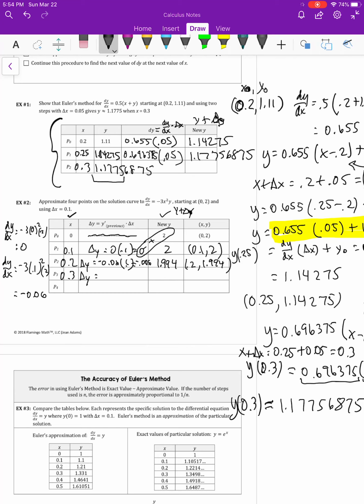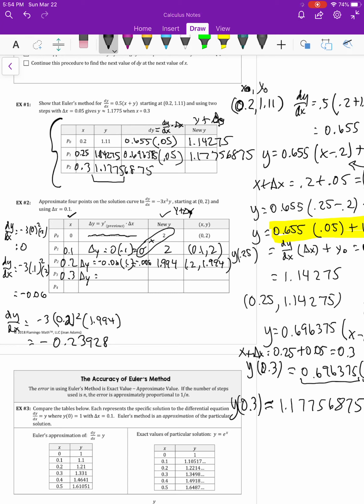And then 0.3. Delta y equals. Over here, I'm finding my dy dx, negative 3 times 0.3 squared times our y value of 1.994. And that one's going to give us negative 0.23928. Oops, sorry. That should have been 0.2 squared. Sorry about that.